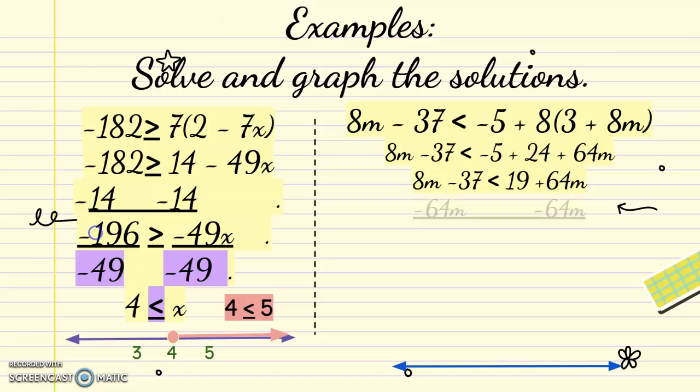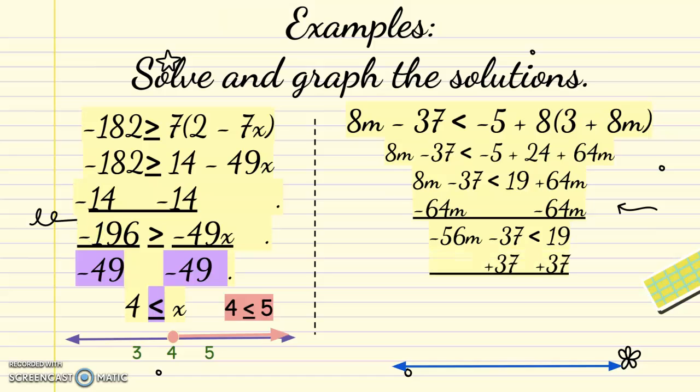Then I need my letters to one side, so I'm going to subtract 64m from both sides. That leaves me with negative 56m minus 37 is less than 19. I need to add 37 to both sides to get the numbers to the right side. This gives me negative 56m is less than 56.